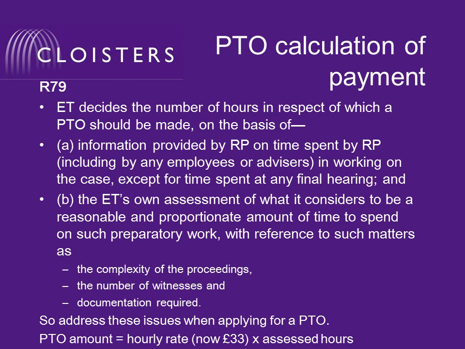The tribunal decides the number of hours in respect of which a preparation time order should be made on the basis of the information provided by the receiving party on the time spent by them, including their employees or advisors, in working on the case. This doesn't include the time spent at any final hearing, but the basis also includes the tribunal's own assessment of what it considers to be a reasonable and proportionate amount of time to spend on such preparatory work.